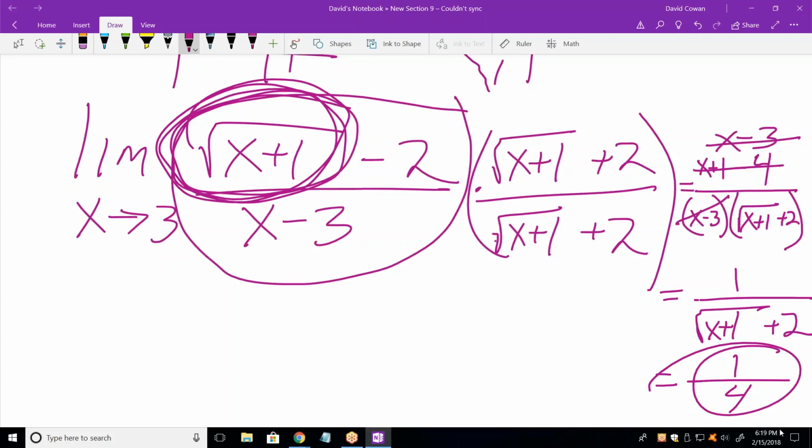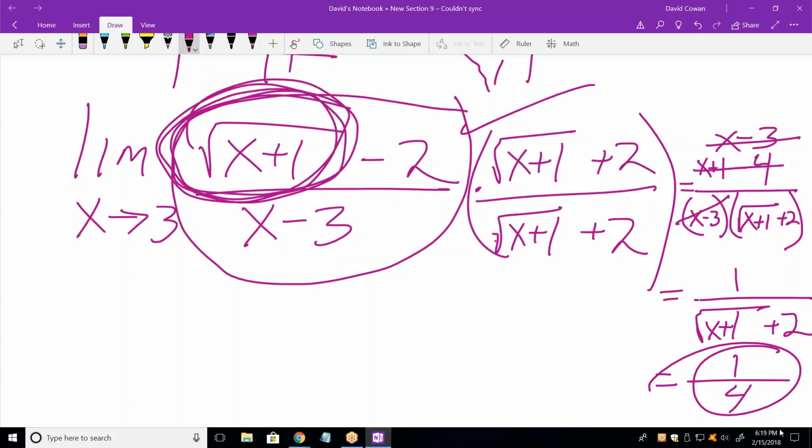But what I can do is multiply by the conjugate, and that eliminates the radical sign from the numerator, still leaves it in the denominator, but now when I resubstitute, I no longer get 0 over 0. I get a number over a number. So remember this technique whenever you see a limit with a radical sign in it.